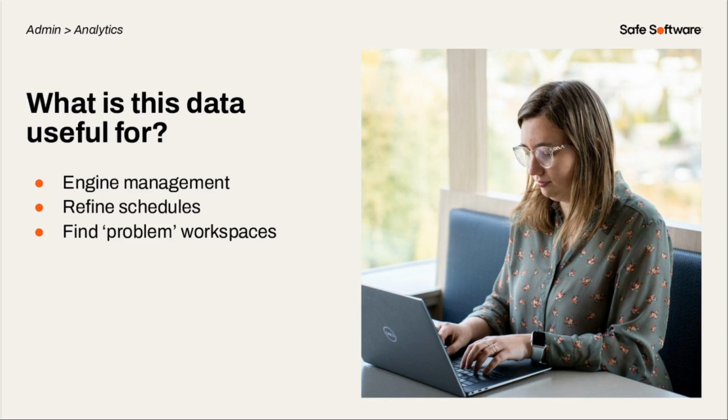Just to provide a real world example, we had a customer recently who identified a workspace that was running at a very high frequency in their environment, multiple times per hour. And they identified that using our analytics tools and found that the data it read was only updated daily. So they worked with that user to switch that to a daily schedule and help relieve some load on their server.